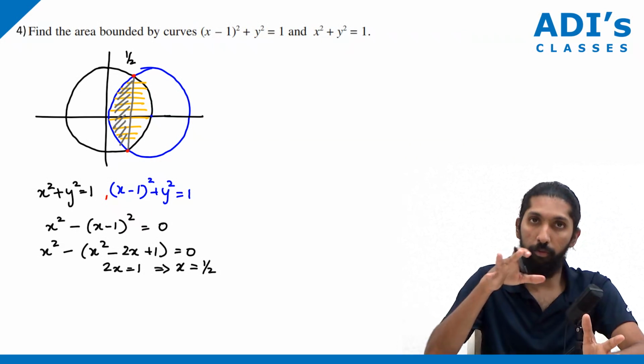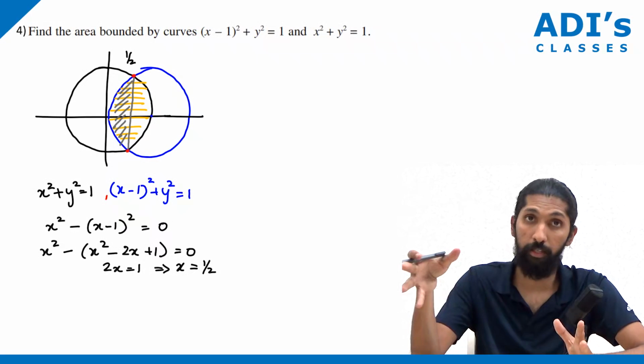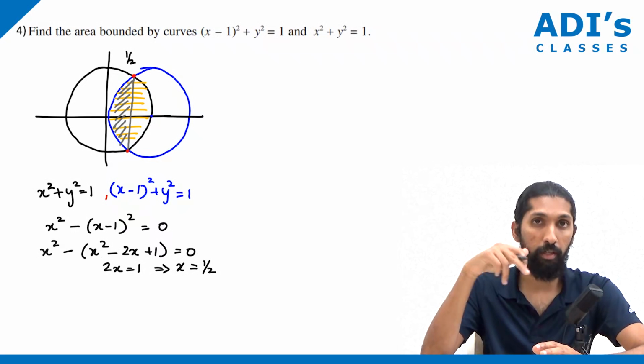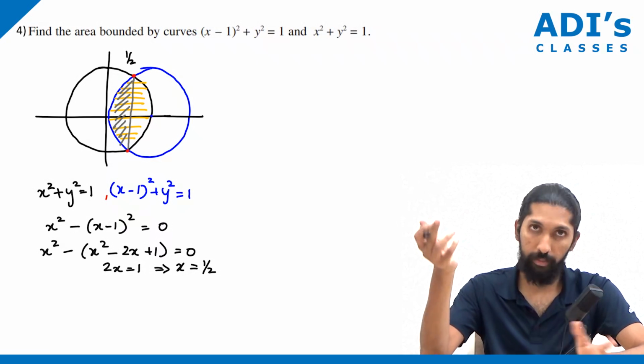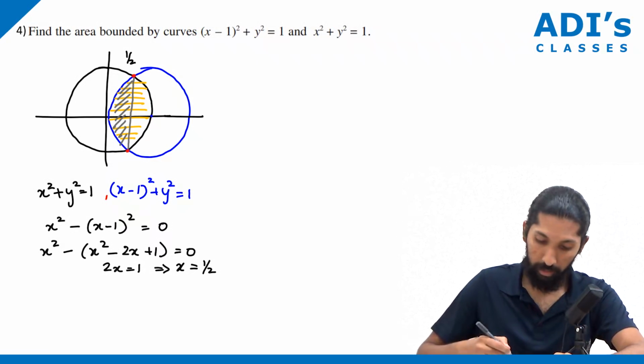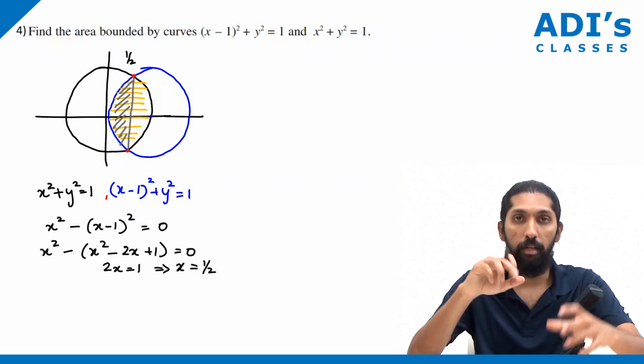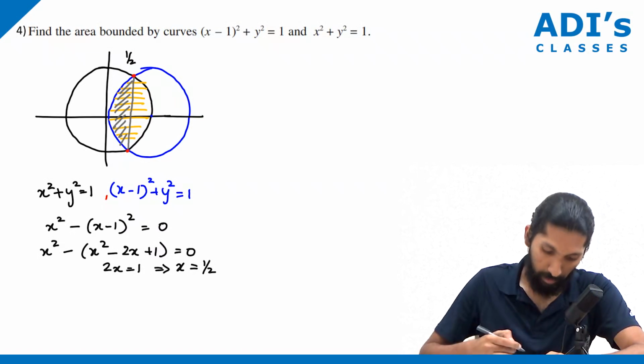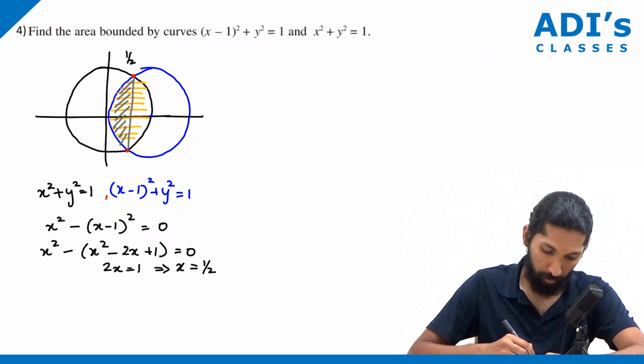I think if you know the value of x, that's good enough because we are doing y dx, right? So the limits are going to be 0 to half, correct? What we'll do now is split this. First, we'll take from 0 to half.